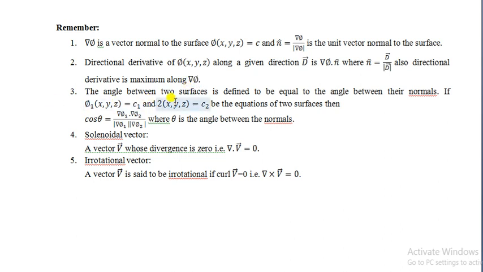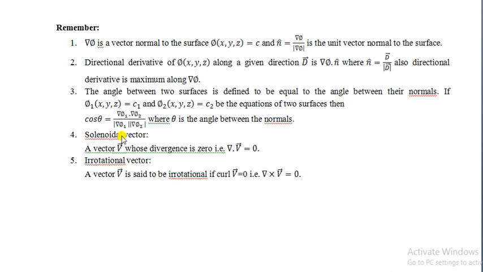Third one, the angle between two surfaces is given by a formula. If phi1(x, y, z) = c1 and phi2(x, y, z) = c2 are the equations of the two surfaces, then the formula is cos theta equal to del phi1 dot del phi2 whole divided by mod of del phi1 into mod of del phi2, where theta is the angle between the two normals.